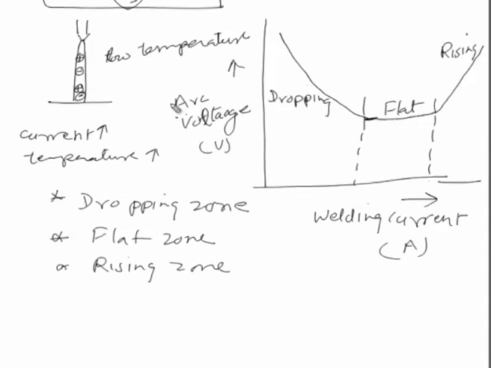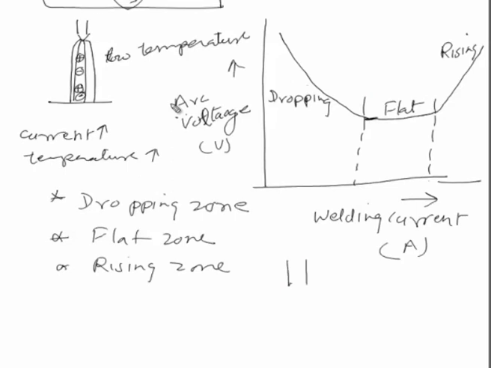Increase in electrical conductivity decreases the arc voltage, and this trend continues up to a certain limit, while the increase in current continues to increase the temperature and the particle density in the arc gap.